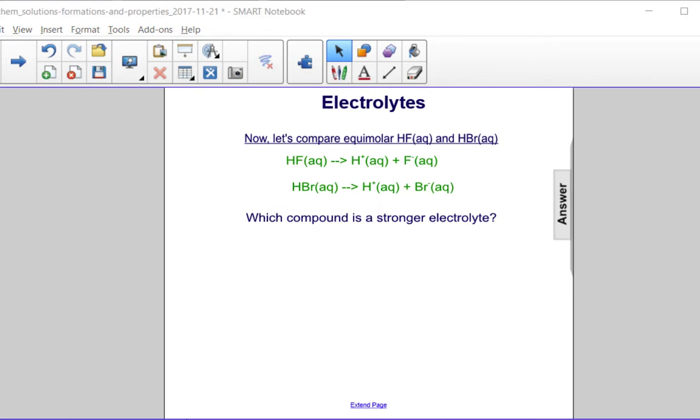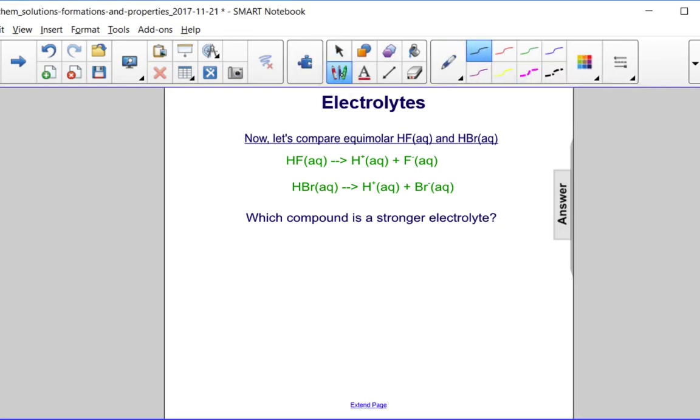Now let's compare equimolar solutions of HF and HBr. So we have HF dissociates into H plus and F minus, and the same is true for HBr, H plus and Br minus. Okay, so remember that HBr is a strong acid, so it's going to exist entirely as ions, H plus and Br minus.